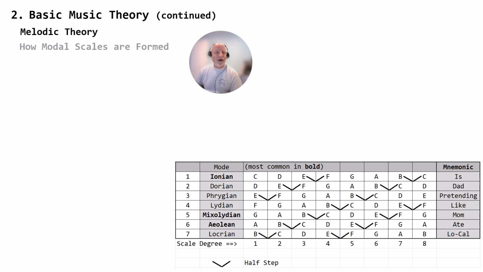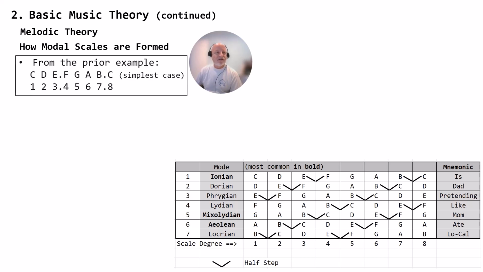All right, so now we're going to get down to the modes, how modal scales are formed. There's a diagram down there, and it's got all the 7 church modes. From the prior example, the top row is number 1, Ionian, which I also said is called the major mode.